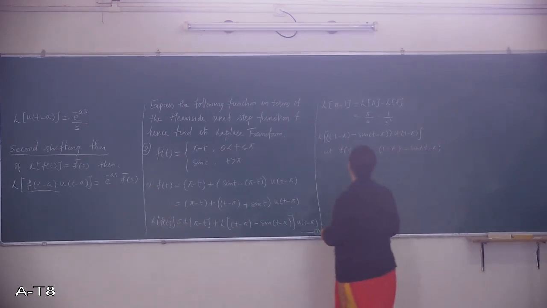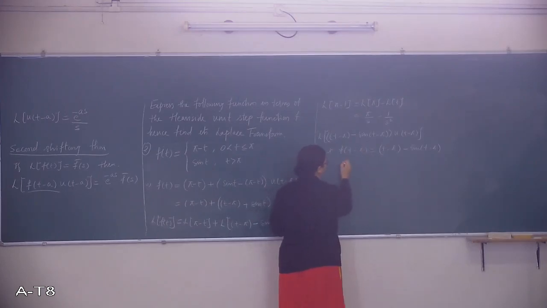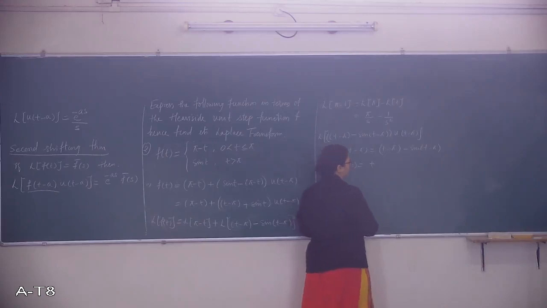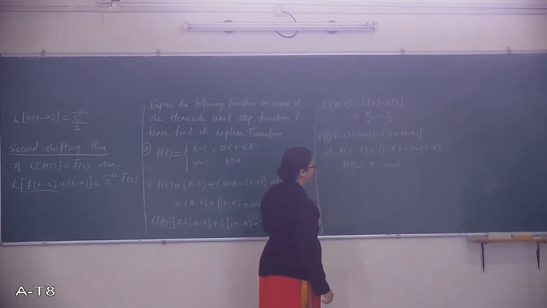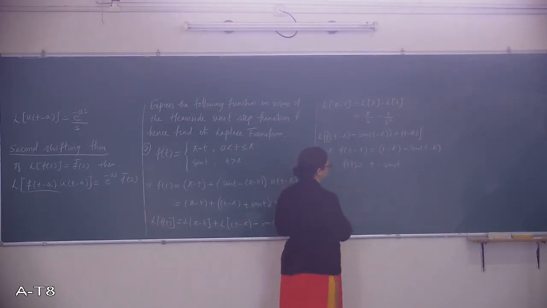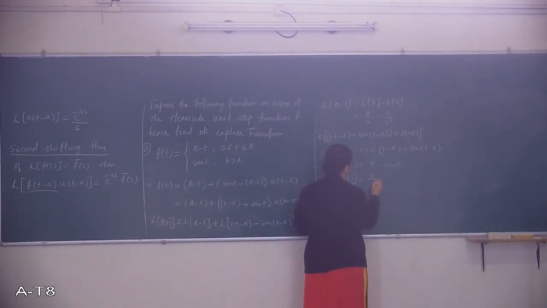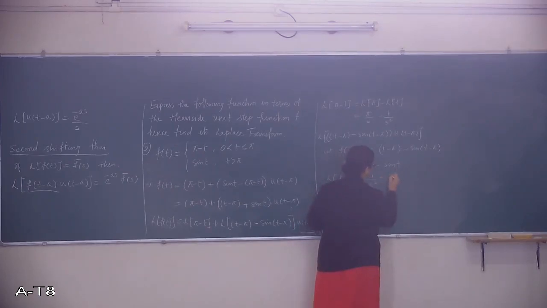So here t will be replaced by t plus pi, and we get f of t equals t minus sin t. Now we take the Laplace transform of f of t. It will be 1 upon s square minus sin t, which is 1 upon s square plus 1.